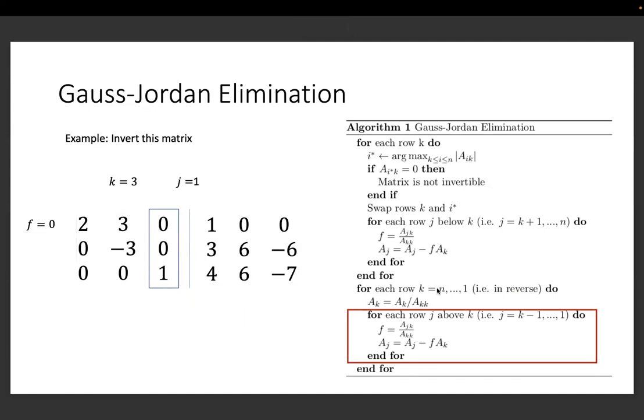So in the j equals 1, a13 is equal to 0. So the scale factor becomes 0, and then we just need to replace a1 by a1 minus 0 times ak.